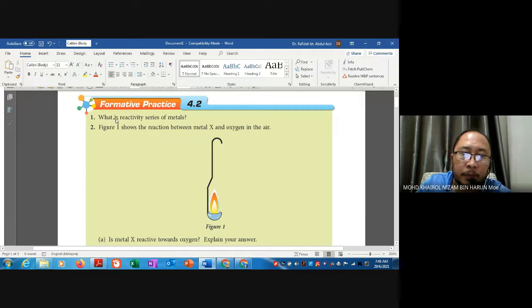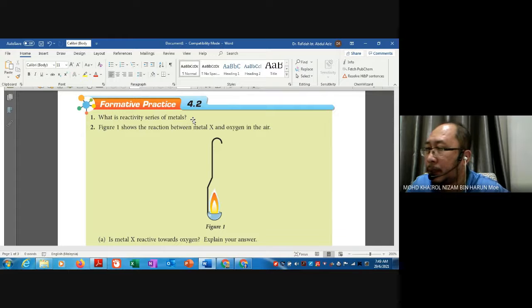Question number 1: I have explained to you just now what the reactivity series of metals is. You must know that the reactivity series of metals is a sequence of the reactivity of metals towards oxygen. Inside the reactivity series, there are two non-metals that are also reactive toward oxygen, that is carbon and hydrogen.